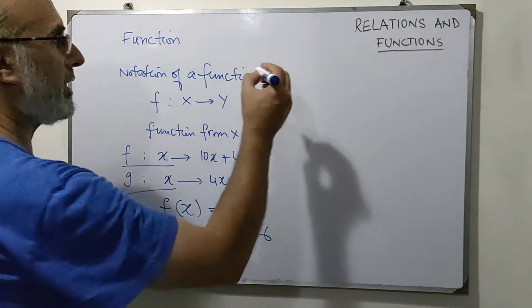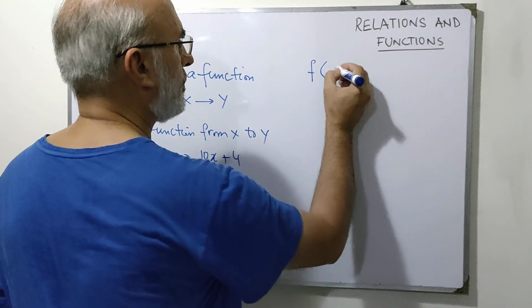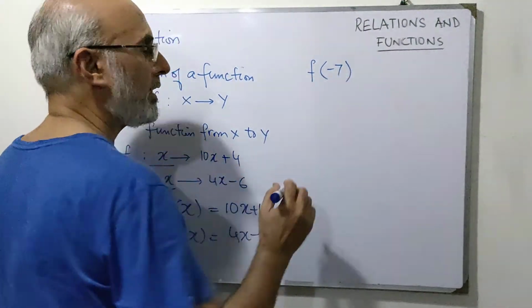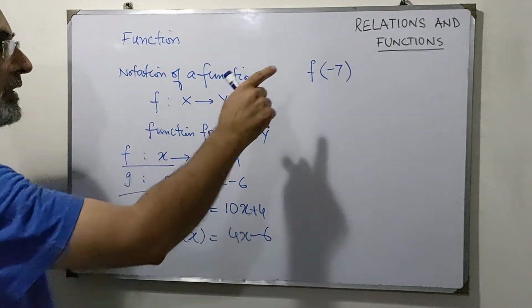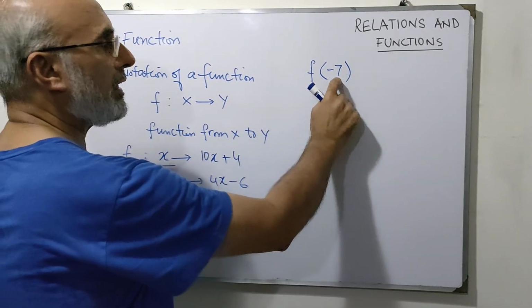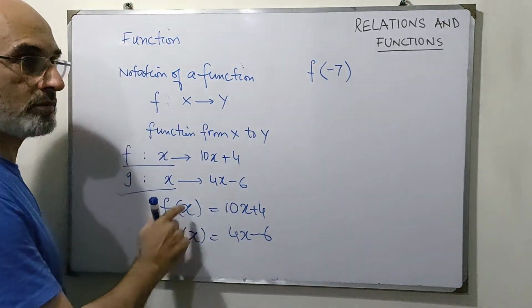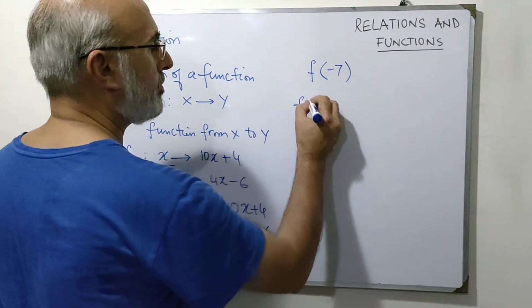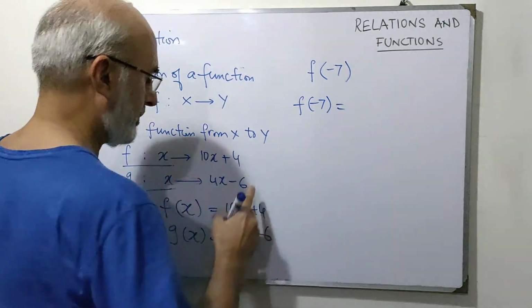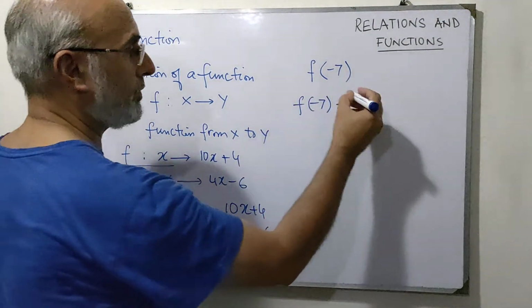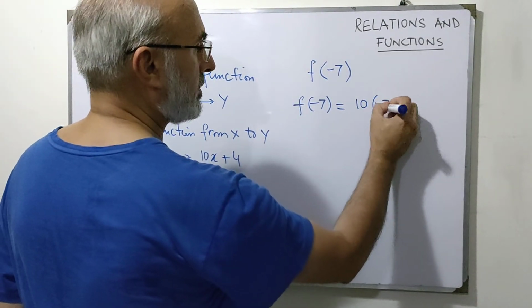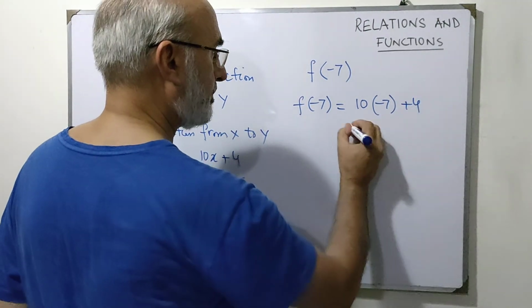So if I have to find the value of f(-7), it is pretty easy now. It is clearly understood that this is replacing x. So f(-7) equals, replacing x with minus 7, 10 into minus 7 plus 4.